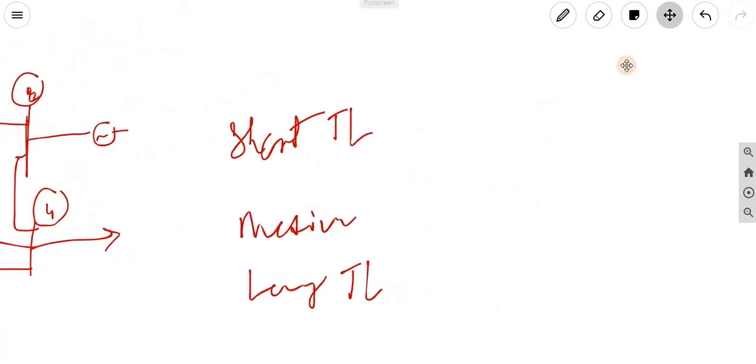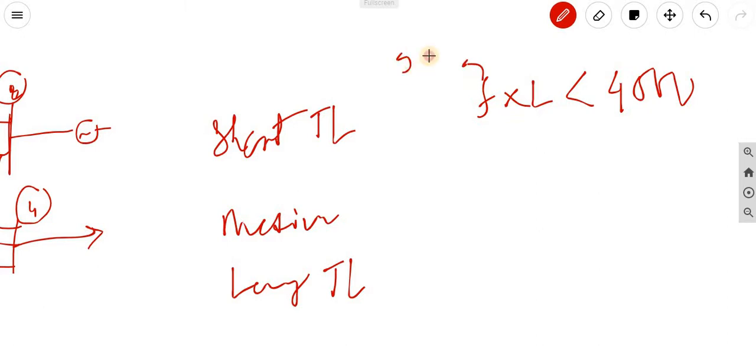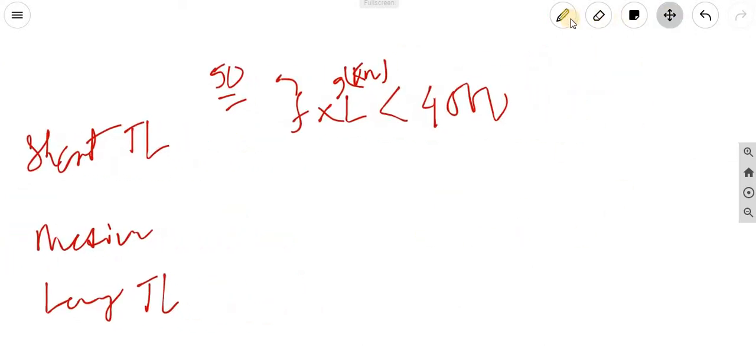As the Indian frequency is 50 Hz, for a short line the product F times L should be less than 4000, where F is 50 Hz and L is in kilometers. So the line length would be up to 80 kilometers.